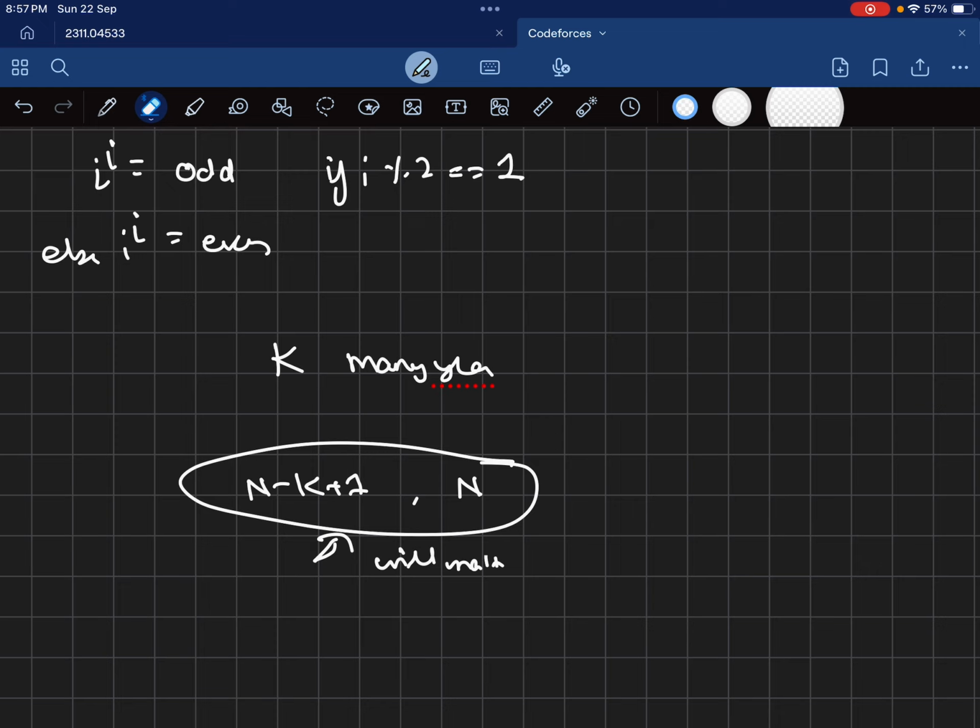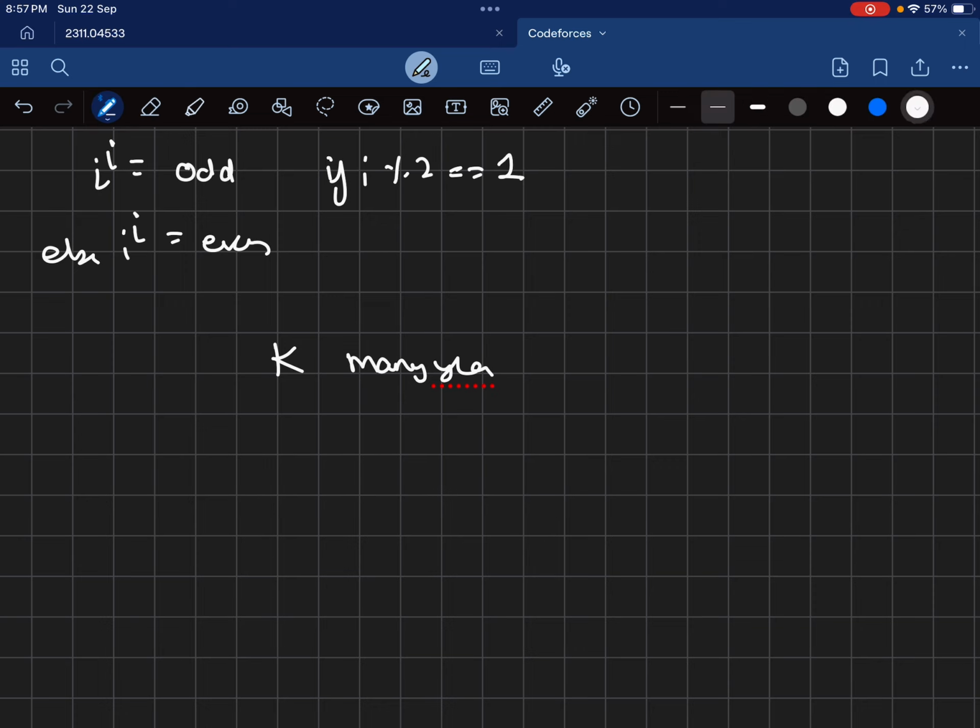That is essentially asking the parity of the number of odd numbers from n minus k plus 1 to n.